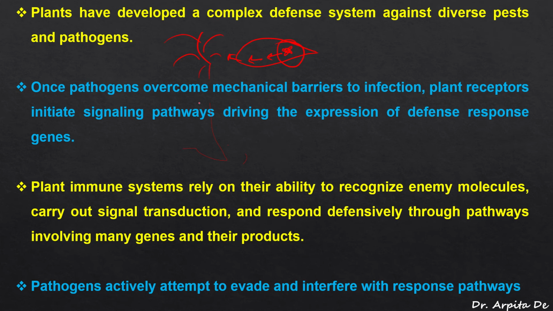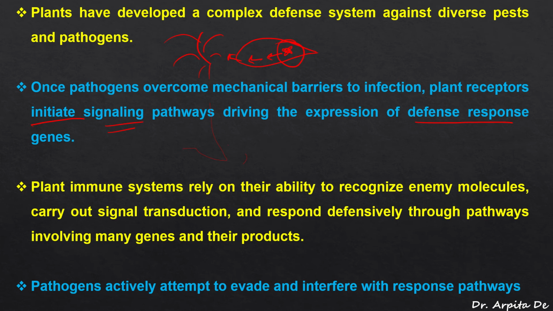Okay, what will happen? This will initiate signaling pathways driving the expression of defense response genes. There are certain genes in the body of the plant that are responsible for this defense mechanism. Their expression will get accelerated and those genes will get activated.